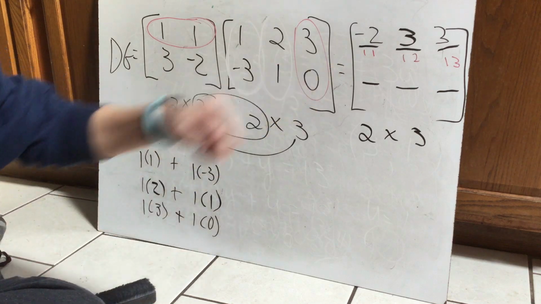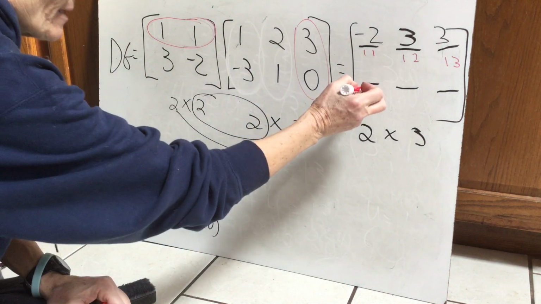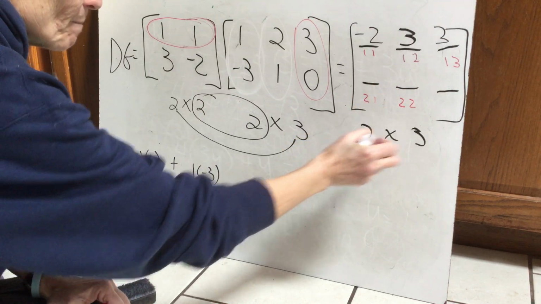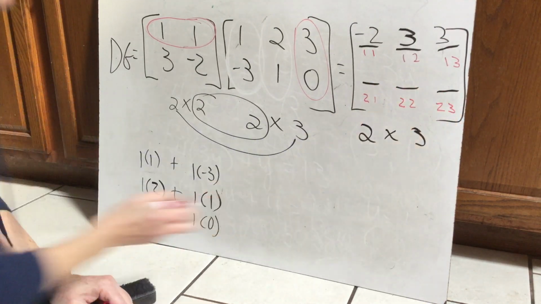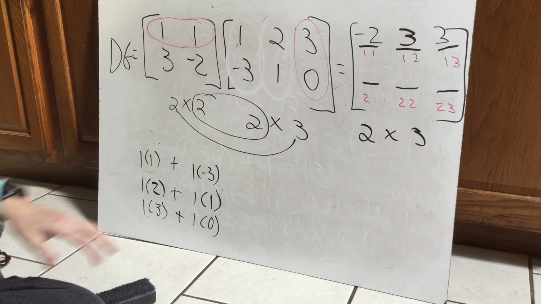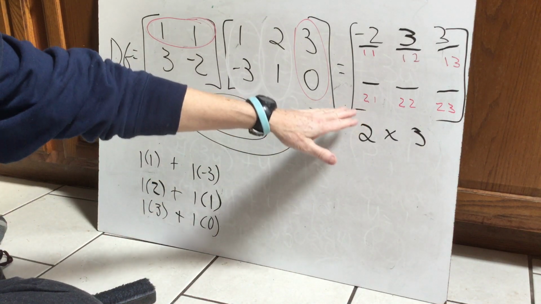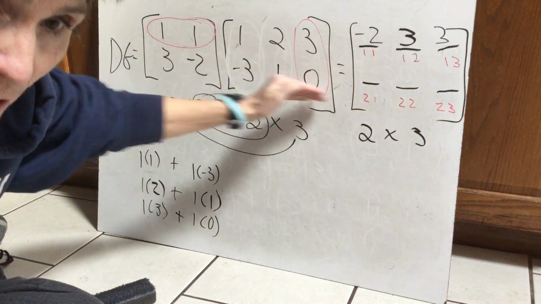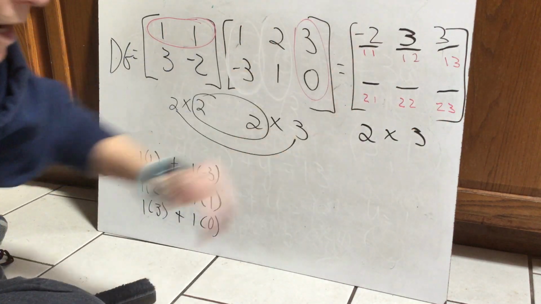Now we're ready for the second row. Keep in mind, this is second row, first column; second row, second column; second row, third column. Those numbers are not magical, they are very straightforward. This is the second row, and this is the first column.